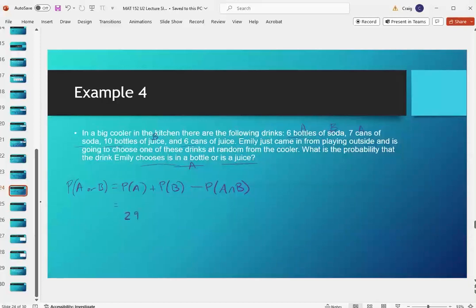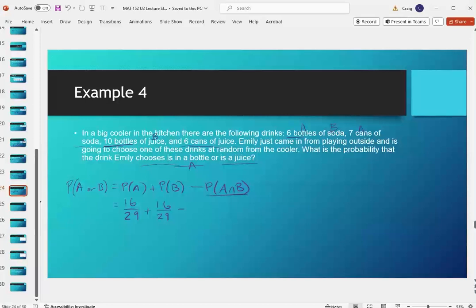There's a total of 29 drinks. There are 16 bottles, so the probability of choosing a bottle is 16 over 29. The probability of choosing a juice, well, there's 16 juices, so 16 over 29.